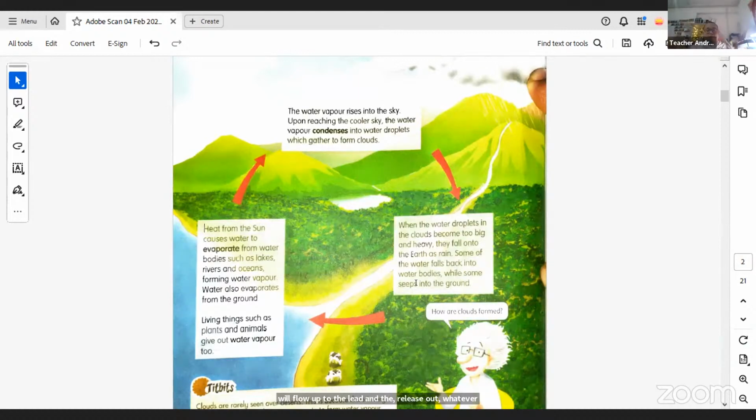After that, the water vapor rises to the sky, where the temperature is very cold. When it reaches the cooler sky, the water vapor will condense. From gas it becomes liquid, condensing to form water droplets, which gather to form clouds. All the clouds you see in the sky contain water.